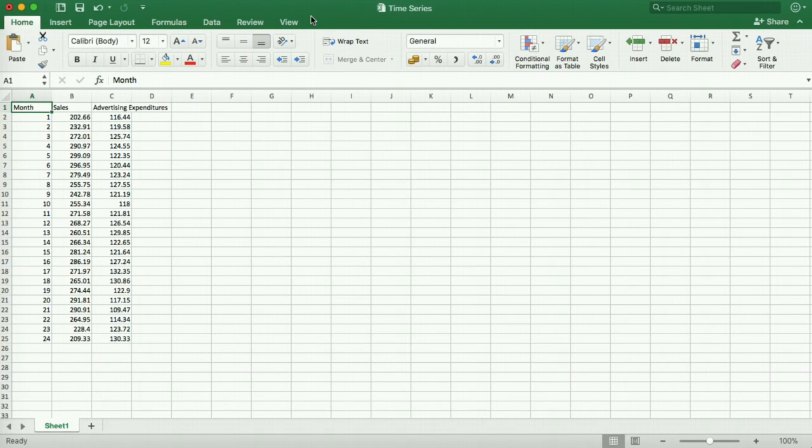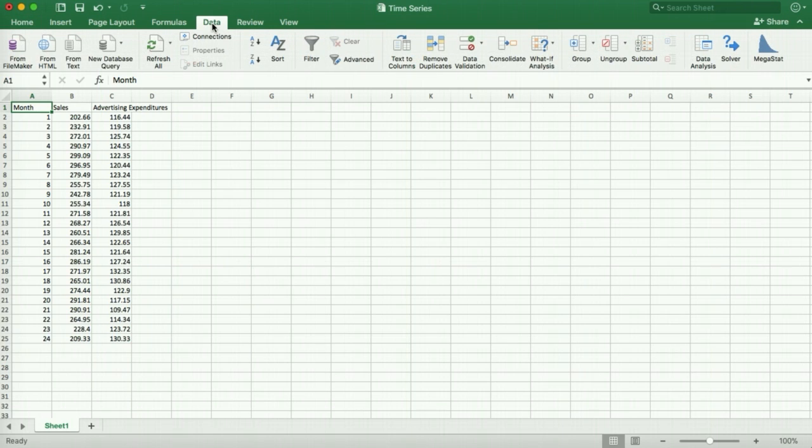In this example, I have a different data set with three variables. I have month, sales, and advertising expenditures. Now, I am interested to test the relationship between the variable sales and advertising expenditures. And for me to do that, I'll use a different plugin, which is the MegaStat plugin in Microsoft Excel.